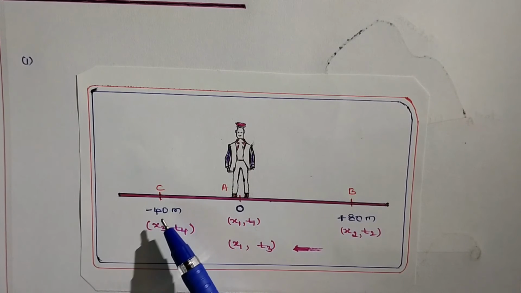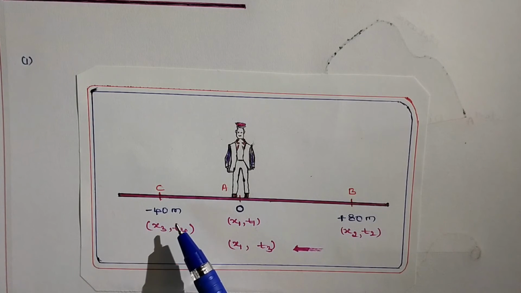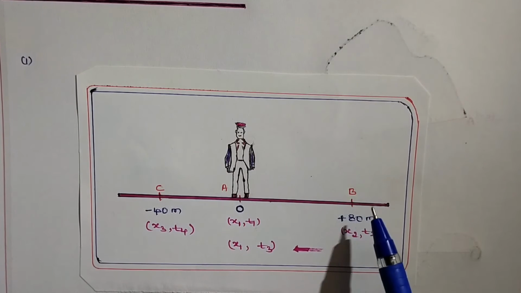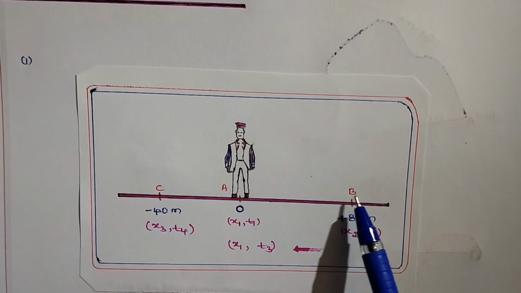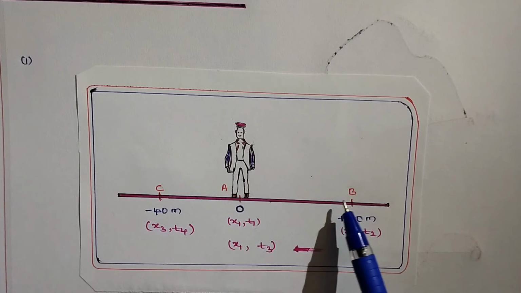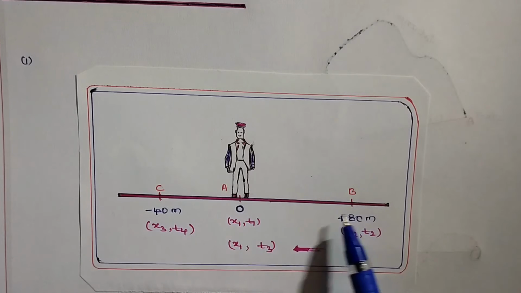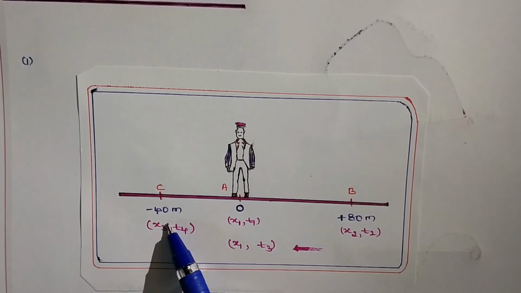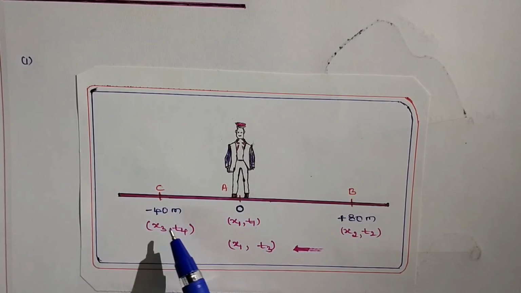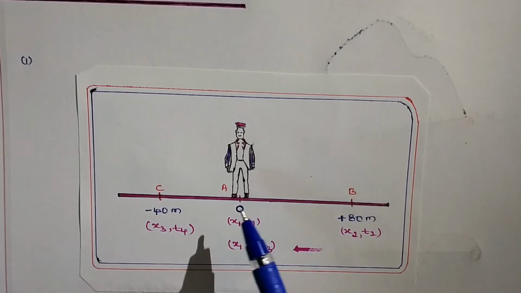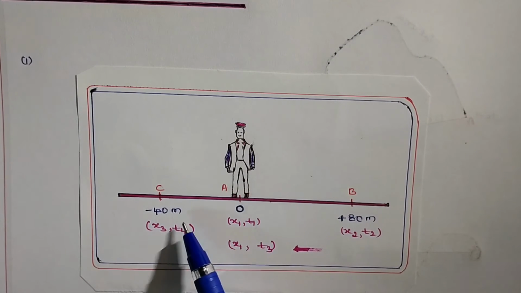Here in distance we won't bother about the negative sign because distance can never be negative, and it is the total path length. From A to B it is 80 meters, and he comes backwards, and from B to A again it is 80 meters, and from A to C it is 40 meters.